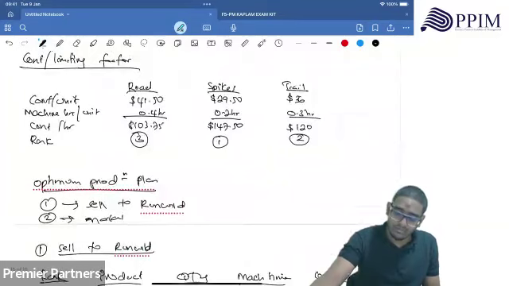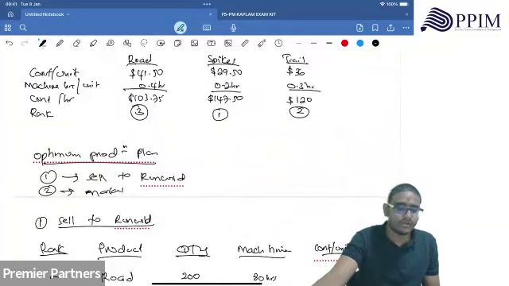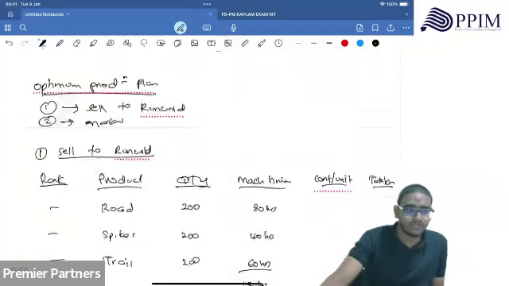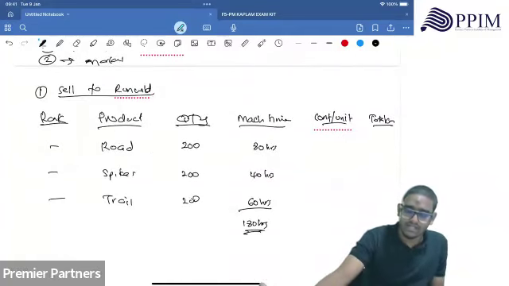Your previous contribution per unit is 41.5 for road. But for Runwild, you're going to give them a $8 discount. So when you give them an $8 discount, what happens? 41.5, you minus 8, you get 33.5. So your contribution per unit here would be 33.5.